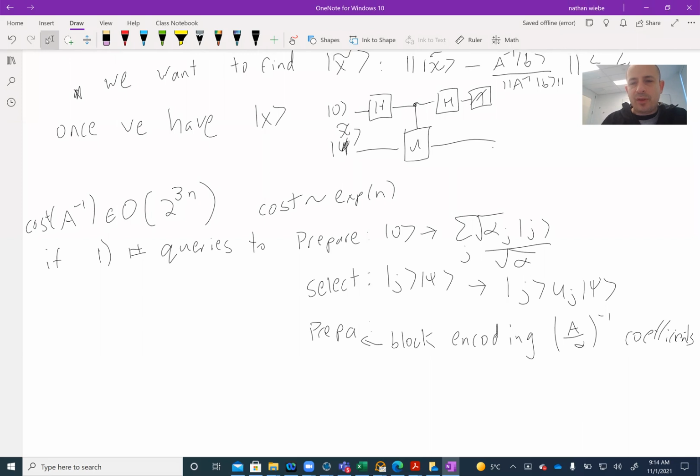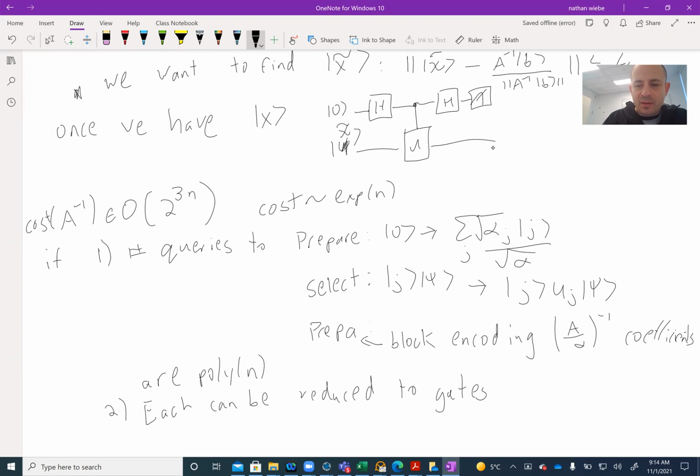If the number of queries that we end up making to this are in poly n, and if each can be reduced to gates in poly n, then it's possible that this algorithm is efficient.